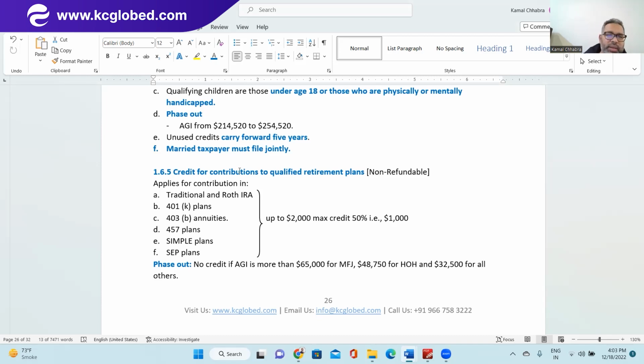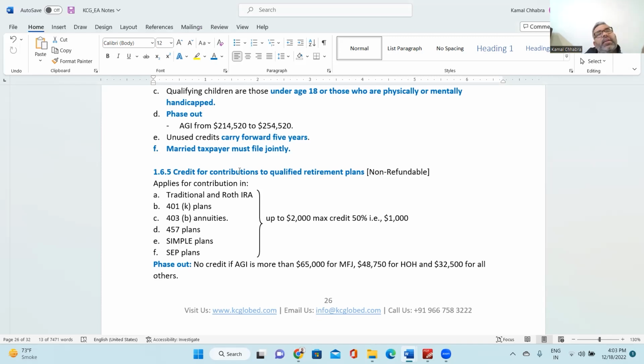One is traditional IRA, the another is Roth IRA. In the traditional IRA, there are further two subcategory. One is deductible and one is non-deductible, right? So for the deductible, you can take into the itemized deduction, and for the non-deductible, you can take the tax credit also, right? But the maximum is $2,000.